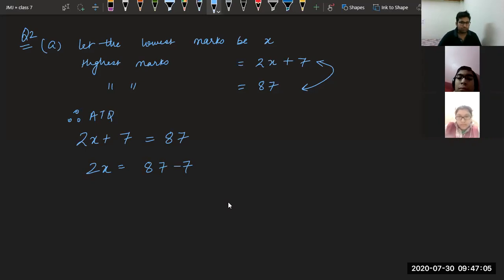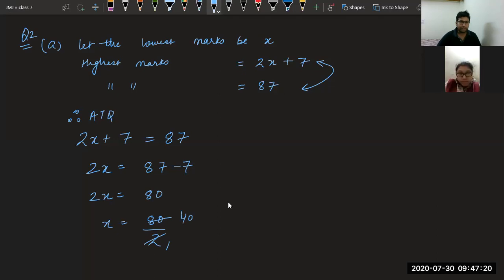You can write the steps in between on your own: transpose 7 to the right hand side. Now we have 2x equal to 80. And finally x is equal to 80 upon 2. 2 ones are 2, 2 forties are 80. So x is equal to 40, which is the lowest marks.